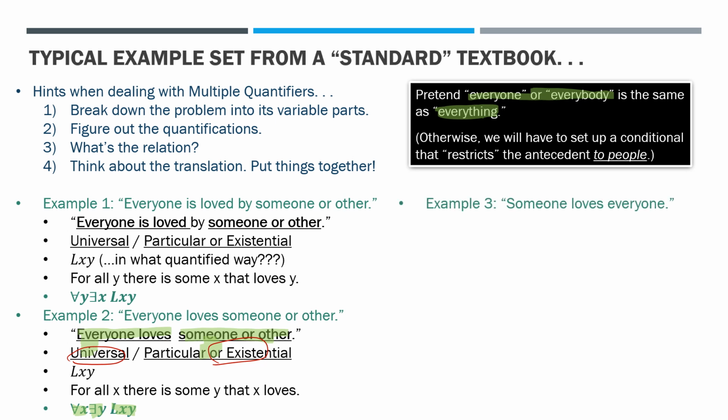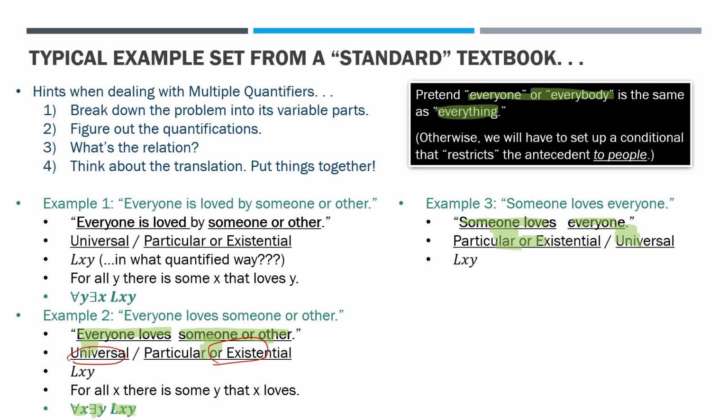Example 3, someone loves everyone. So this time we have something particular or existential to start with, and then we have something that is universal. We have a relation Lxy. There is some x that loves all y, because after all, someone loves everyone.